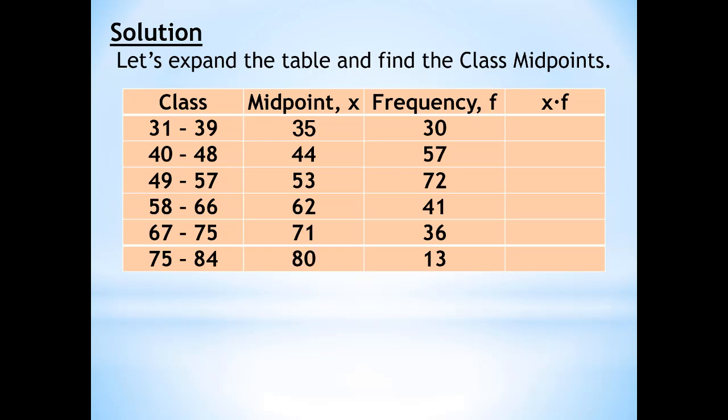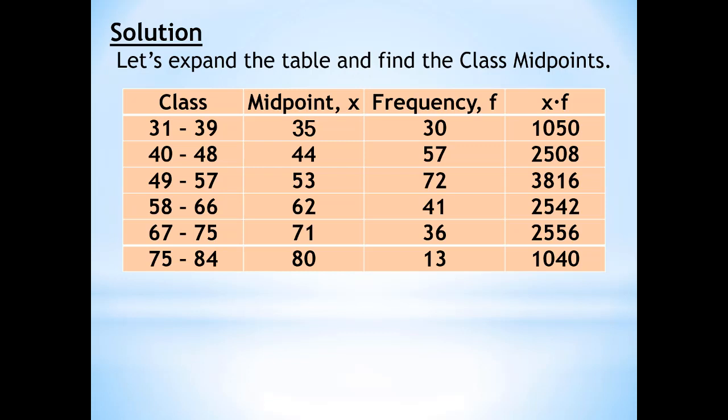So now we have our midpoints, and we're going to multiply each midpoint times the frequency. So 30 times 35 is 1050, 44 times 57 is 2508, 53 times 72 is 3816, 62 times 41 is 2542, 71 times 36 is 2556, and 80 times 13 is 1040.